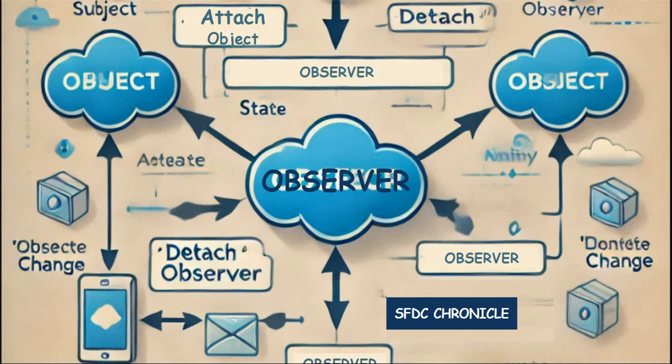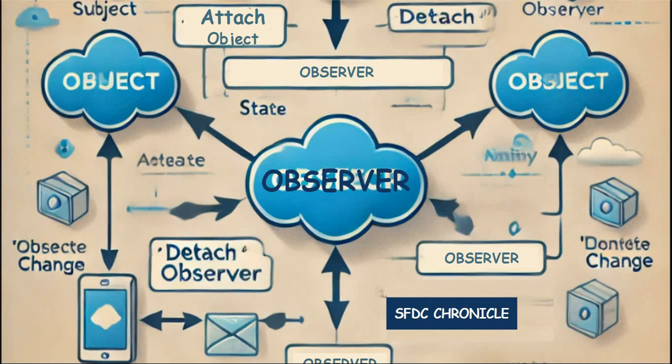So then when to use observer pattern in Apex Salesforce? When you need automatic notification. Suppose a change in one object should automatically update multiple dependent objects. Another one is when loose coupling is needed.